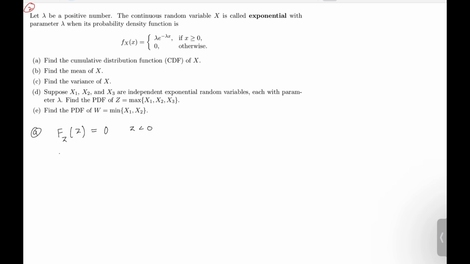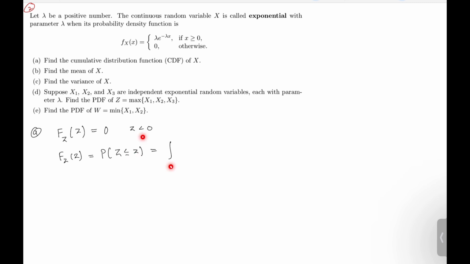So what will be the CDF when z is greater than 0? How do we find it? It is nothing but the probability that this random variable z takes a value less than or equal to little z, right? And we have the PDF, we can simply integrate, and we need to integrate it from 0 till this point.